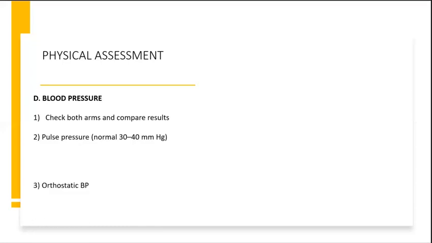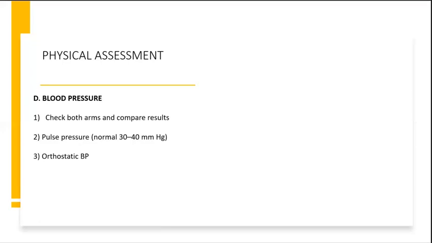We also need to assess our patient for orthostatic blood pressure. Orthostatic vital signs may be indicated to evaluate patients who are at risk for hypovolemia, maybe your patient who is vomiting, who has diarrhea, who is bleeding, or patients who have had syncope or near syncope.